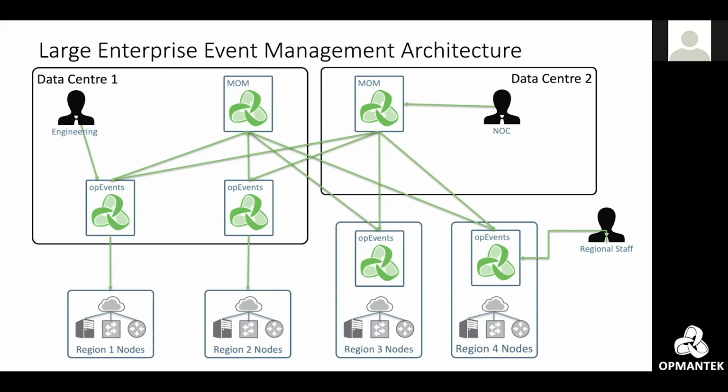And OP Events on the poller is then what the engineers need to do what they need. And that regional engineer out in Western Australia is sitting there looking at OP Events in their region, handling what they need to see, and that's the view that they need. So this is a really, really powerful way to deliver the capabilities to the humans who need the data they need to do their jobs. And that's what it's all about: getting the data that people need to do their jobs.